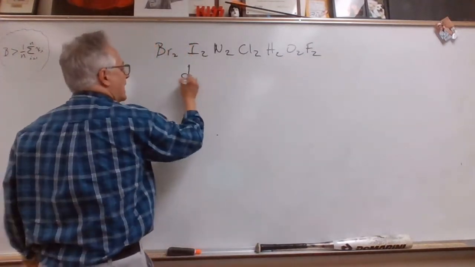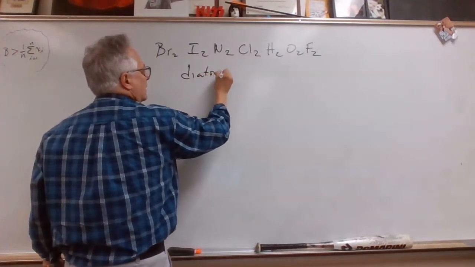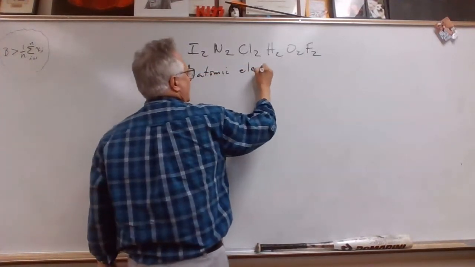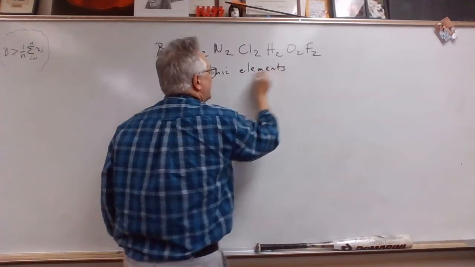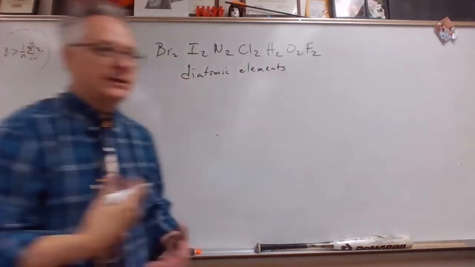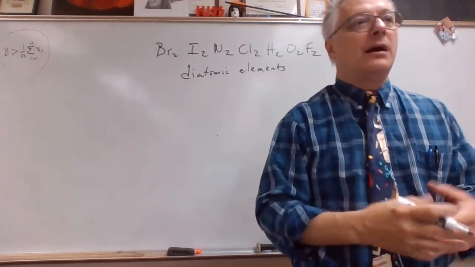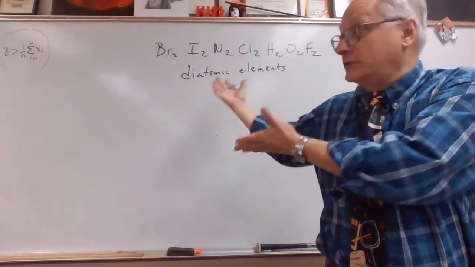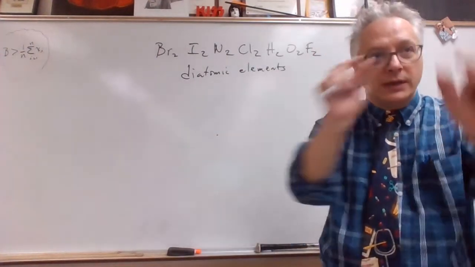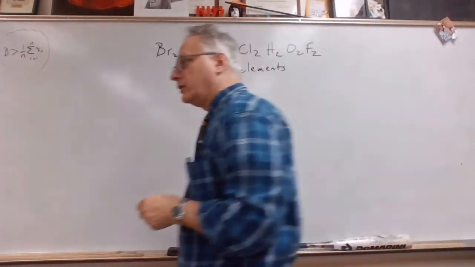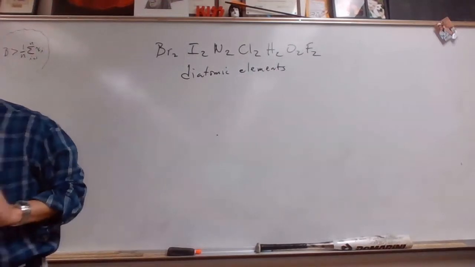These are called diatomic elements. And these are the special cases where we don't say dibromine, diiodine, dinitrogen, for example, because this is the way they come. If you went to buy some oxygen and you could shrink yourself down to the size of the molecule, you'd see two oxygens bonded together.